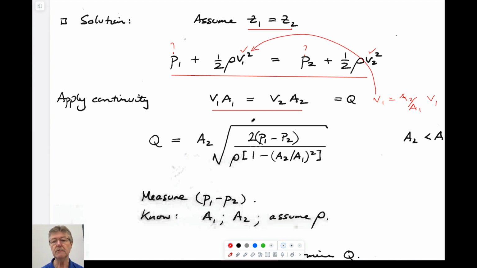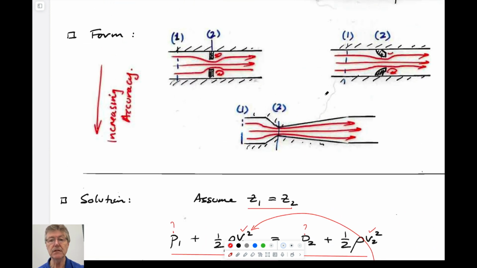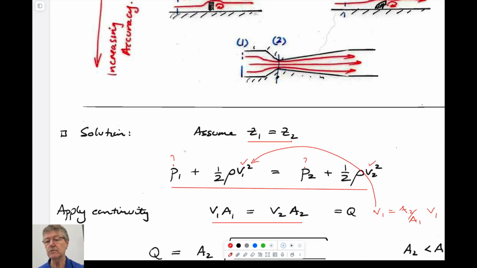And then you throw it in here, and you only have V2 in this equation. And if you can figure out what the other two pressures are, then you can solve it. And so that means that you can get the flow rate, volume rate per unit time, as a result of the area at point 2, wherever that might be. You can write it either way, you just need to write it in the right way.